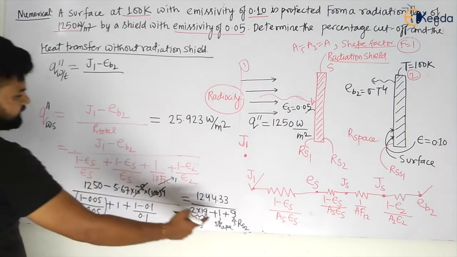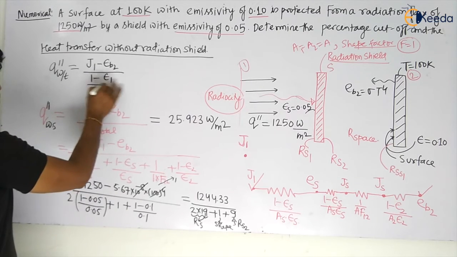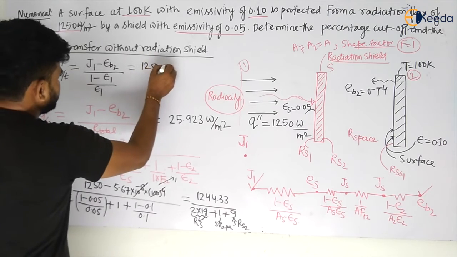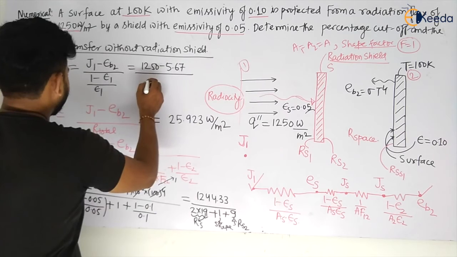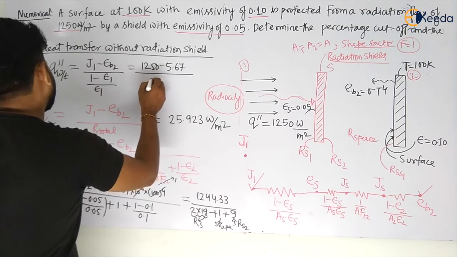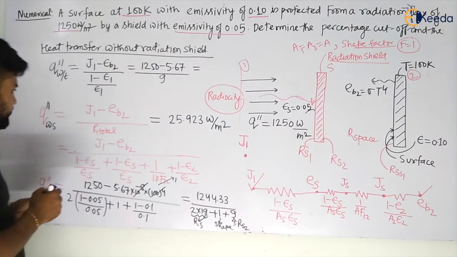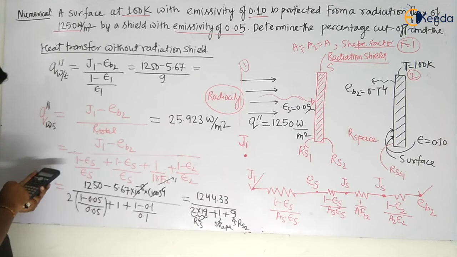That is equal to (1 minus E1) upon E1, which is 9. So the heat transfer without radiation shield is (1250 minus 5.67) divided by 9.